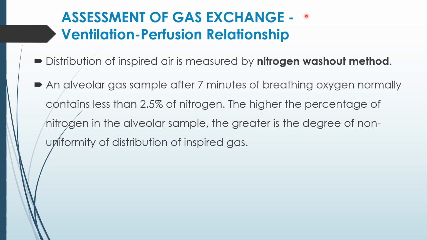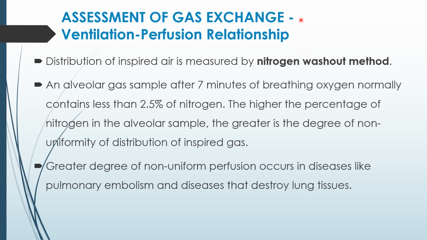The perfusion is also not uniform in the erect posture, due to the effect of gravity. We all know the normal ventilation perfusion ratio is 0.8, but a greater degree of non-uniform perfusion occurs in diseases like pulmonary embolism, and also diseases that destroy the lung parenchyma.